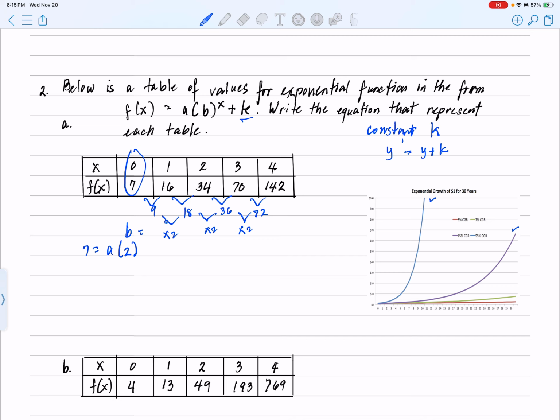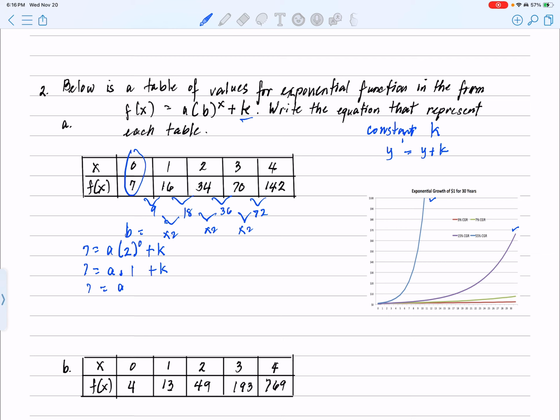Then we add the k. So 7 equals a times 2 to the 0, any number raised to a 0 power equals 1, plus k. So we have 7 equals a plus k.